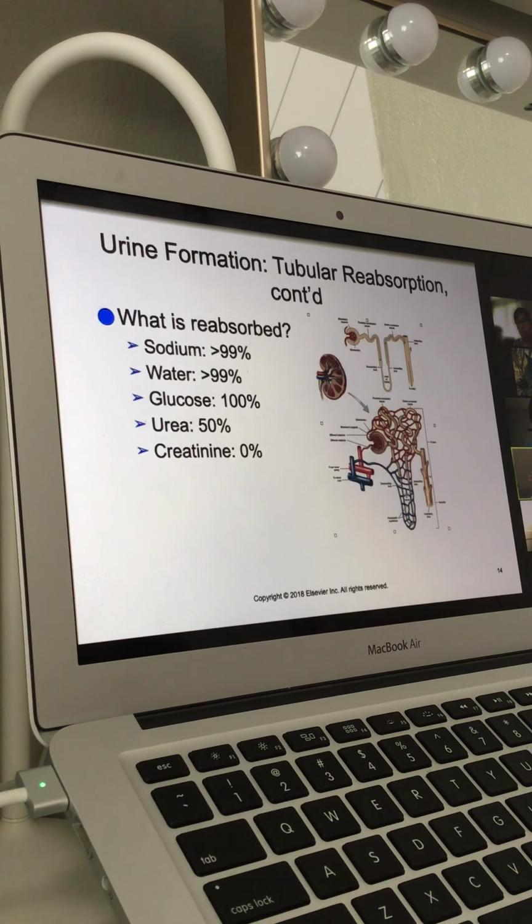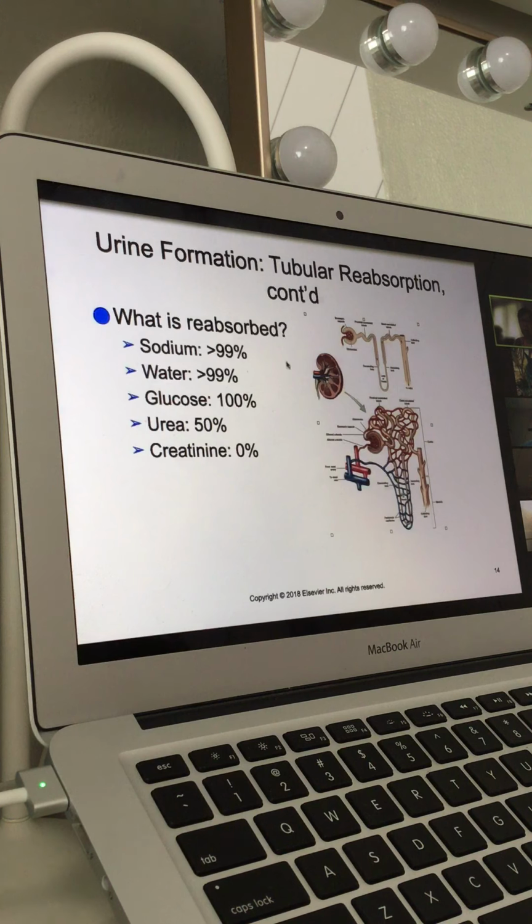Is there any relation between the blood pressure and the blood volume? Yes, there is a relationship. When your blood pressure is high, that is the reason why we give diuretics to patients, to lower the blood volume. When we give antihypertensive medication, water and sodium can be excreted.